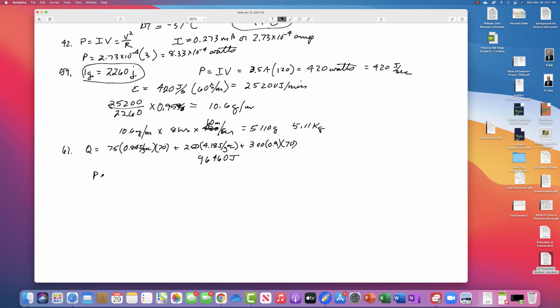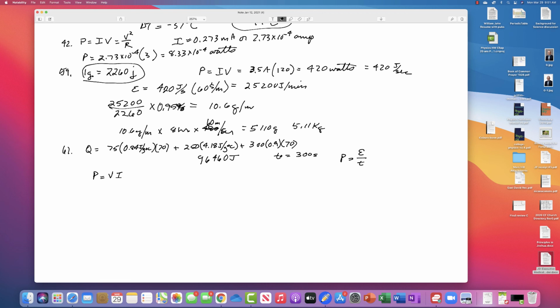Remembering that P is equal to IV, this is the P you're going to need. It says in 5 minutes, so the time here is 5 minutes, or 300 seconds. So P is equal to the work or energy divided by time.